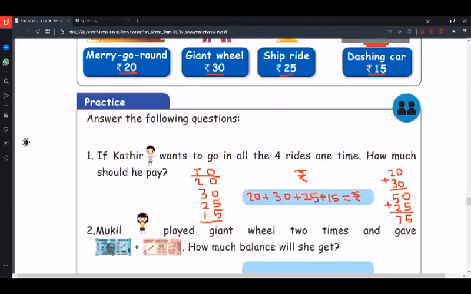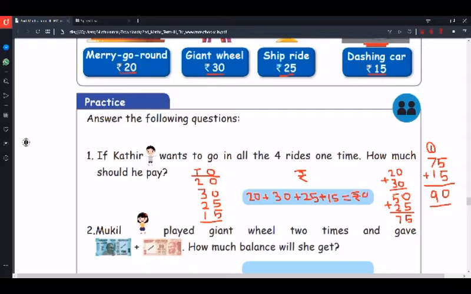Now we have to add 15. So 75 plus 15. 5 plus 5, 10, so 0 down, carry over 1. 7 plus 1, 8. 8 plus 1, 9. 90. So 90 rupees.